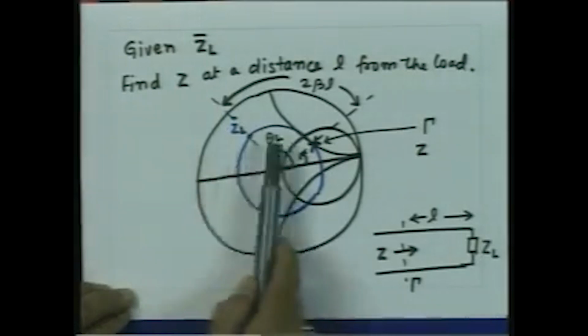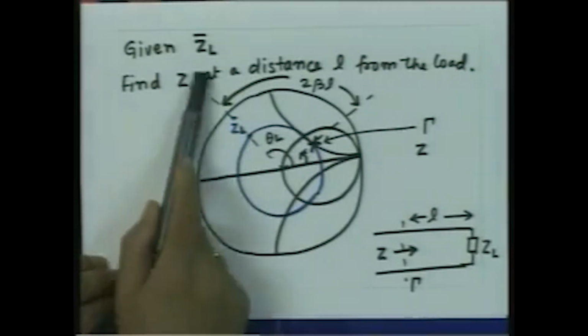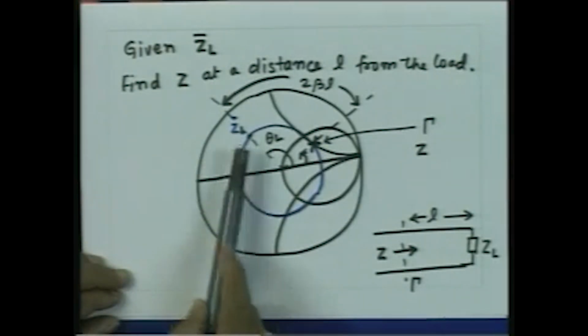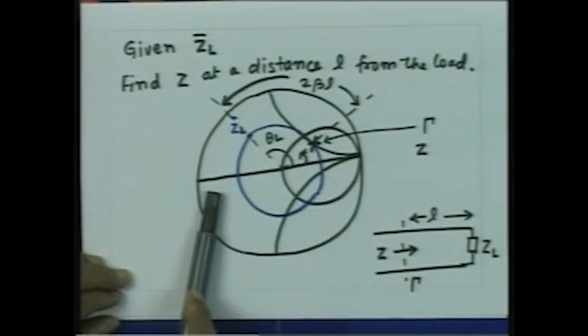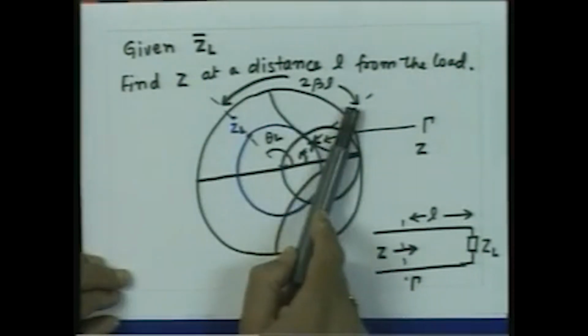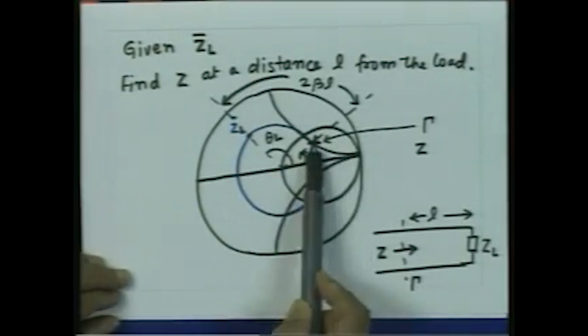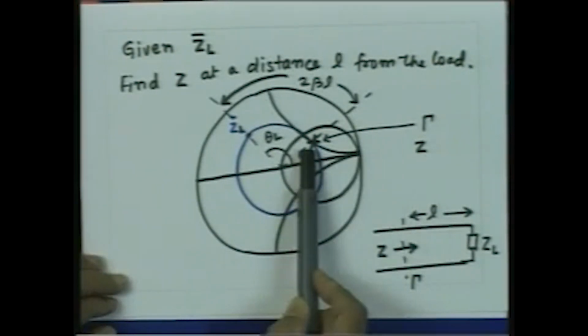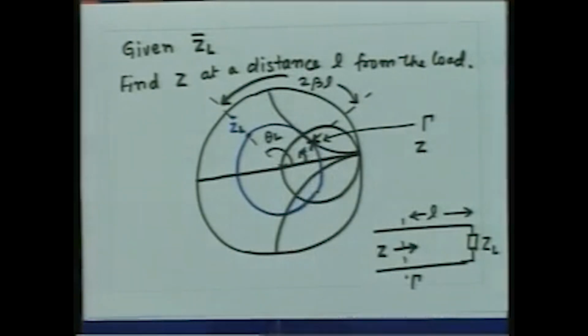You simply take this point as a normalized admittance point, mark the normalized admittance there, draw the constant VSWR circle, rotate by an angle equal to 2 beta L, and this point will now correspond to the admittance at that location, and that value can be read straight off the Smith chart.